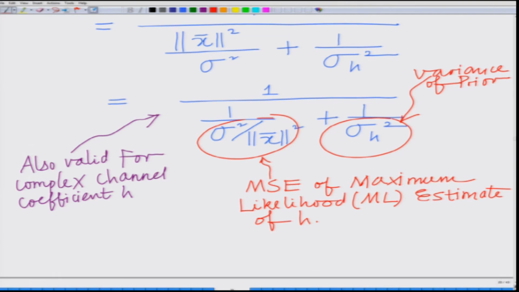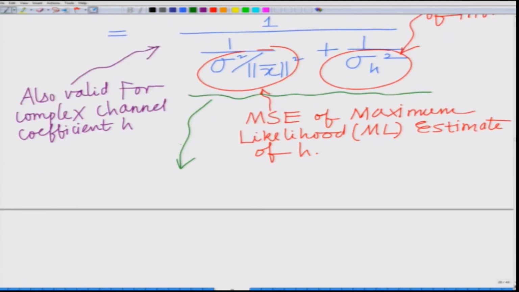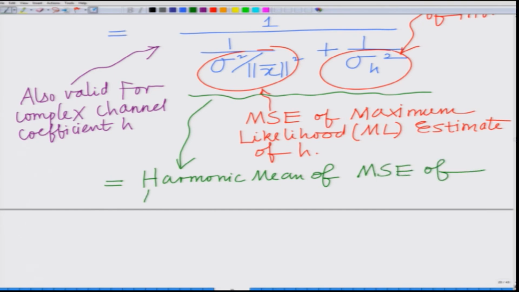So, this is basically the harmonic mean of the MSE, mean squared error, of the MLE, that is the ML estimate, and the prior variance.